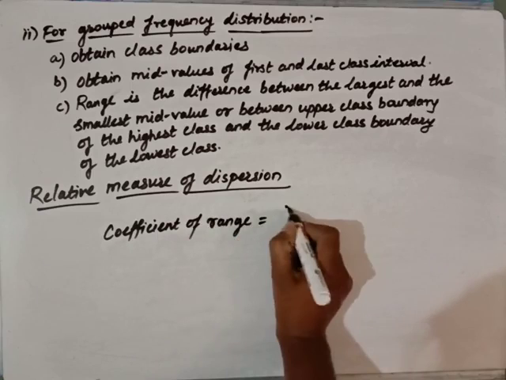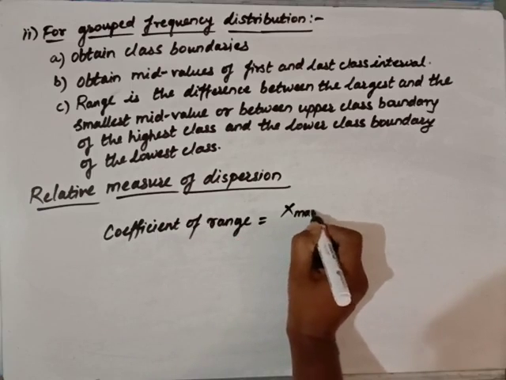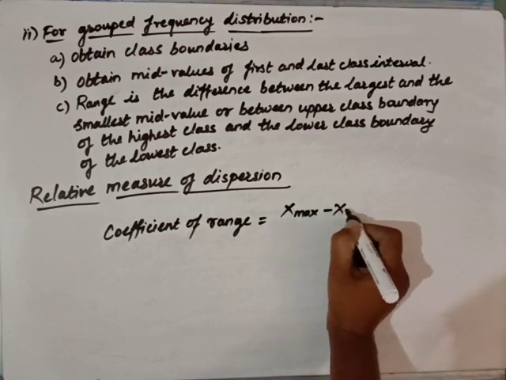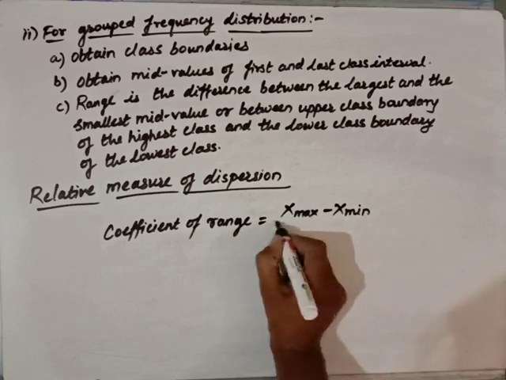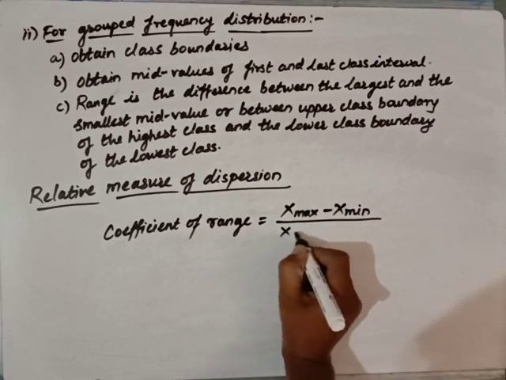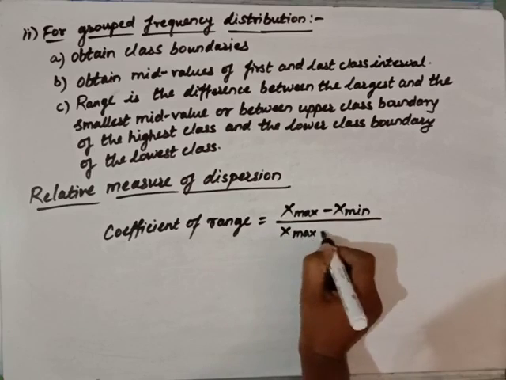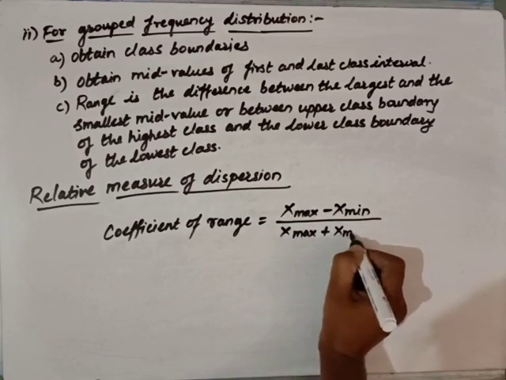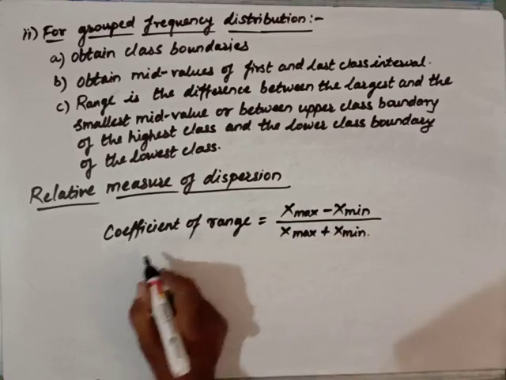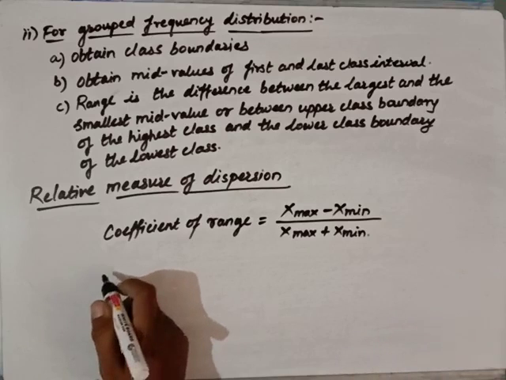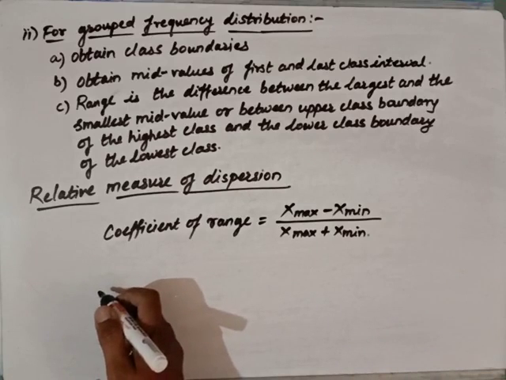What is this? This is x maximum minus x minimum upon x maximum plus x minimum. This is the relative measure of dispersion here. Sometimes it is also asked to determine.